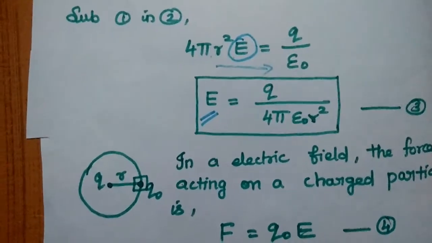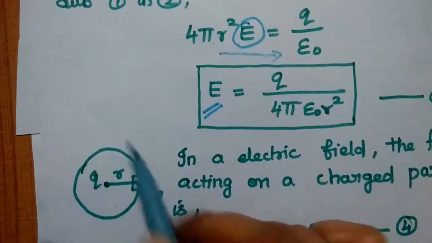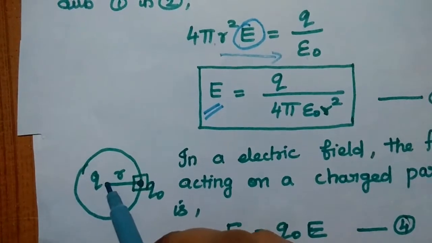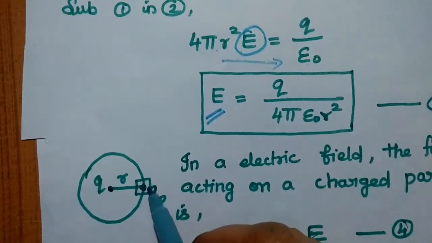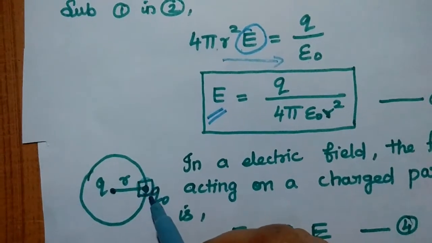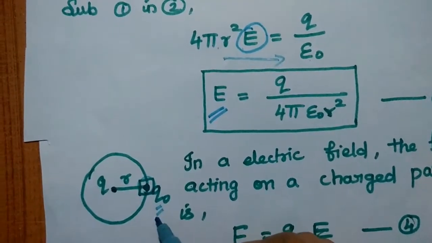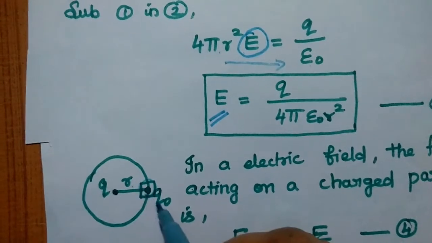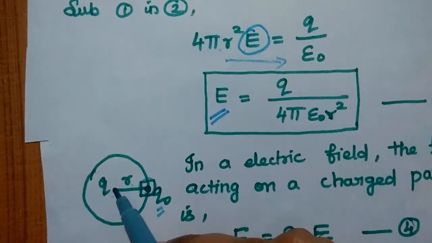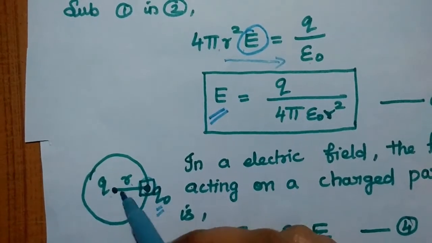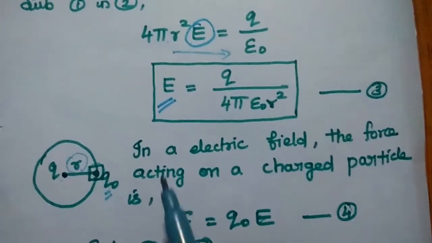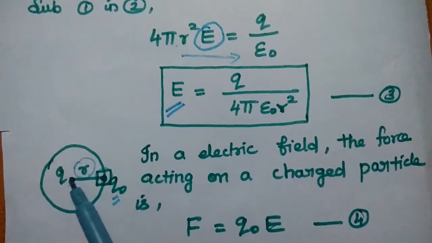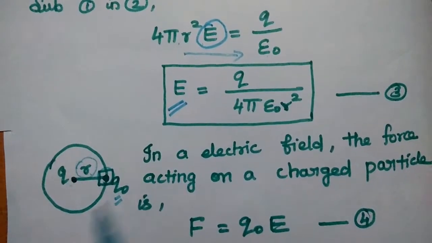Next, consider the same sphere. There is a point charge Q, and we are going to consider one more charge, called the test charge Q naught. The distance between the charge Q and the test charge Q naught is small r. Because of the charge Q, there is an electric field around it.